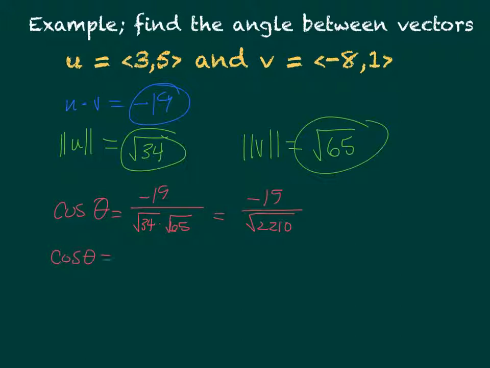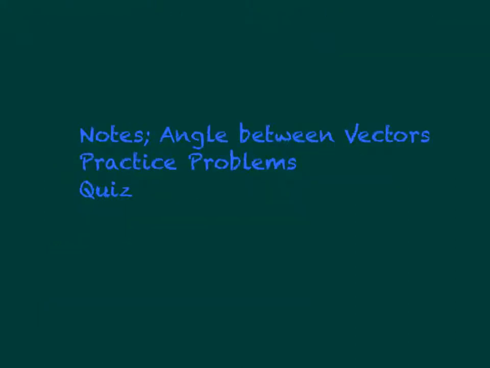Cosine of theta equals -19 over the square root of 2,210. So theta equals approximately 113.84 degrees. Final answer.